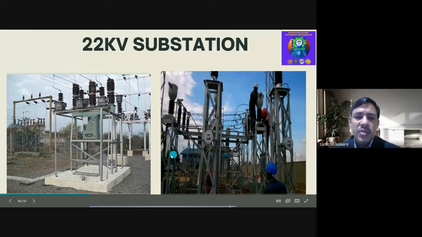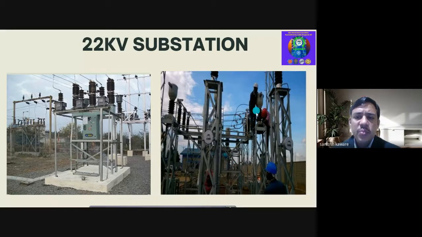Like if you see here, the person is working on the CT. These are the isolators, center break isolators which open from the center. And this is a circuit breaker at the 22 kV level.